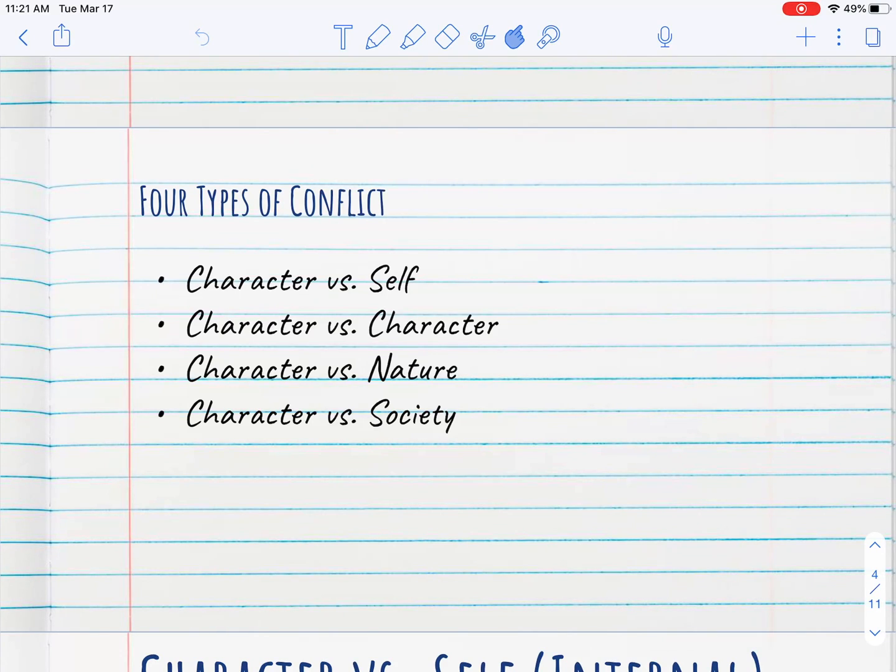With historical fiction, character versus nature isn't always a big one, but that is when a character's having a struggle with like a tornado or some sort of natural force that they can't control. And then lastly, character versus society, which is huge with our historical fiction book clubs because they take place during historical time frames when society often had very different views from what we are used to today.